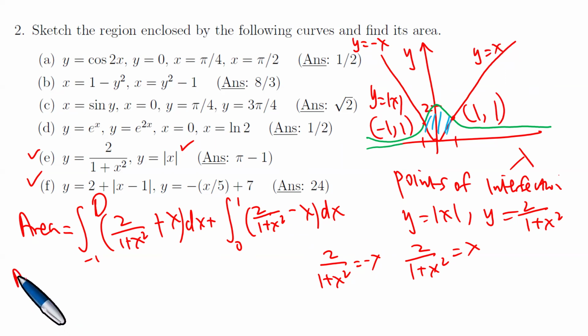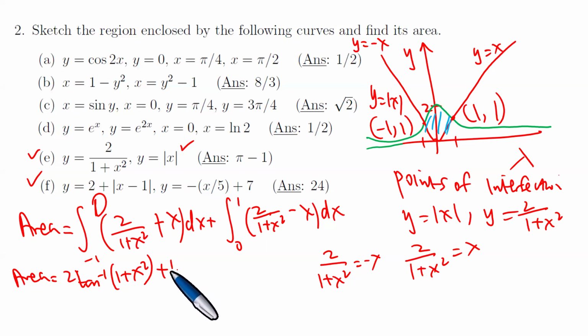Right, so for the area, you have 2 arctan x minus 1/2 x squared from minus 1 to 0.